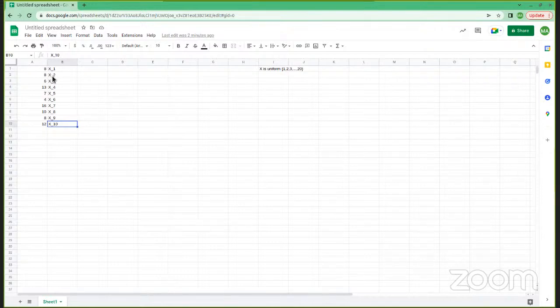The next time also it took value 8. But in the third trial, it took the value 6, and later it took 13, 7, 4, 16, 10, 8, 12.